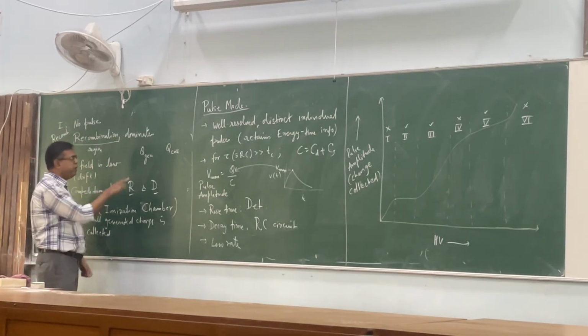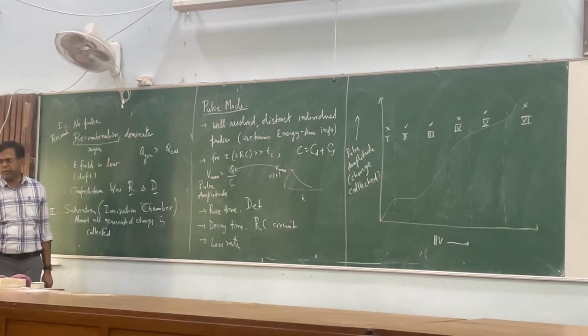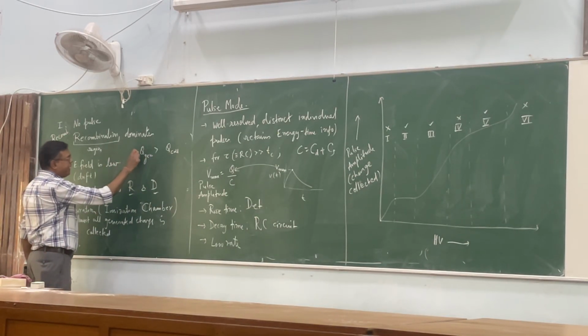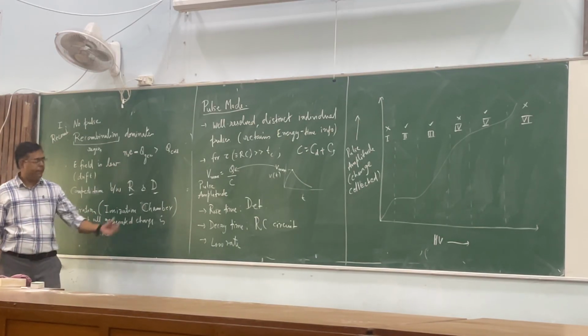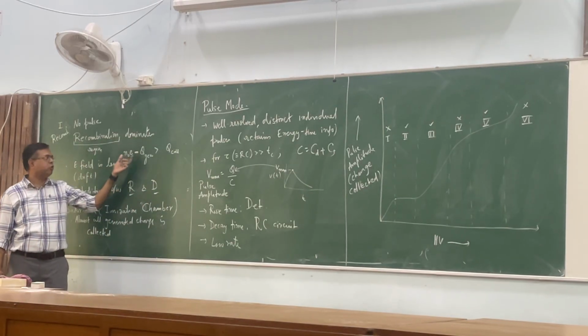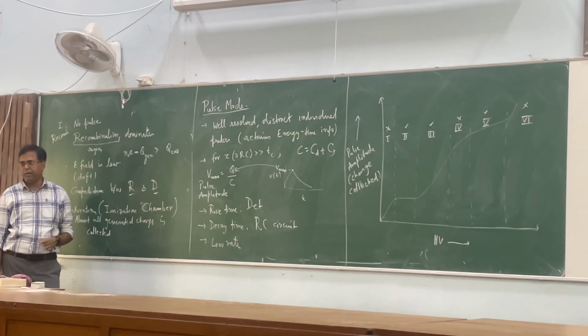In this region, charge generated is greater than charge collected, right? And it is the charge generated which is due to that energy loss, which gave you something like N naught E. But since I did not collect the entire charge, I will not be able to understand what the energy loss was exactly.